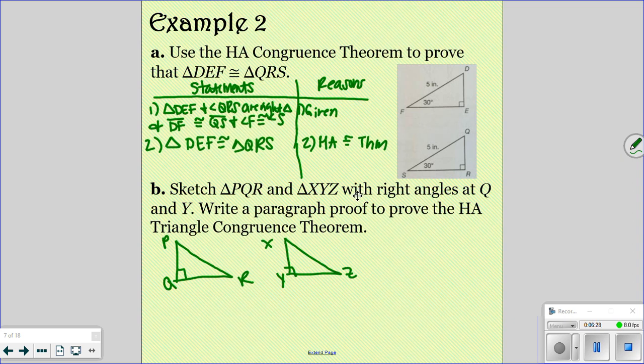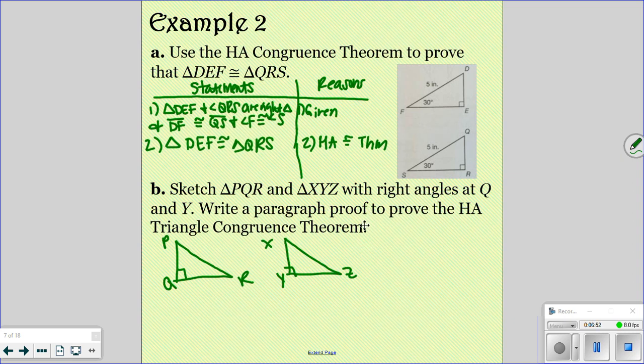So on this one, you're not going to be using the HA triangle congruence theorem. You're going to have to prove that theorem. So we have two triangles here, and we want to prove that they are congruent and prove that the HA triangle congruence theorem works.